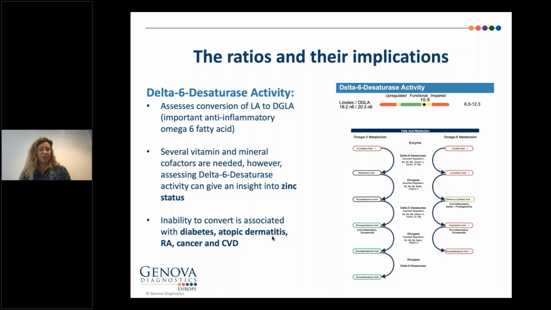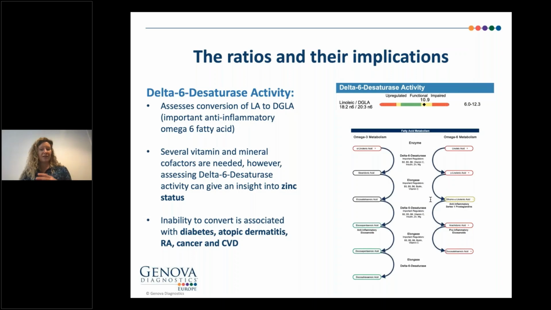So as mentioned initially, we also display some important ratios to demonstrate various aspects of health, one of which is the delta-6 desaturase enzyme activity. And here we're looking at the ratio between linoleic acid and DGLA, two key omega-6 fatty acids.